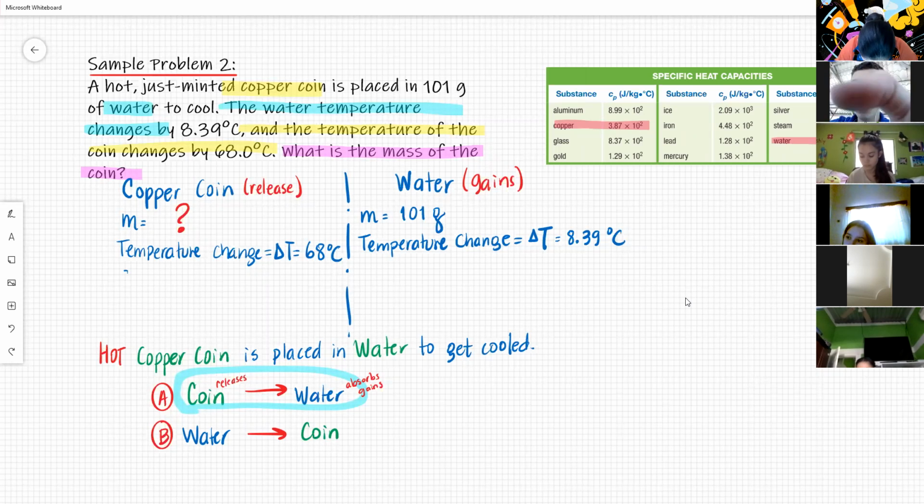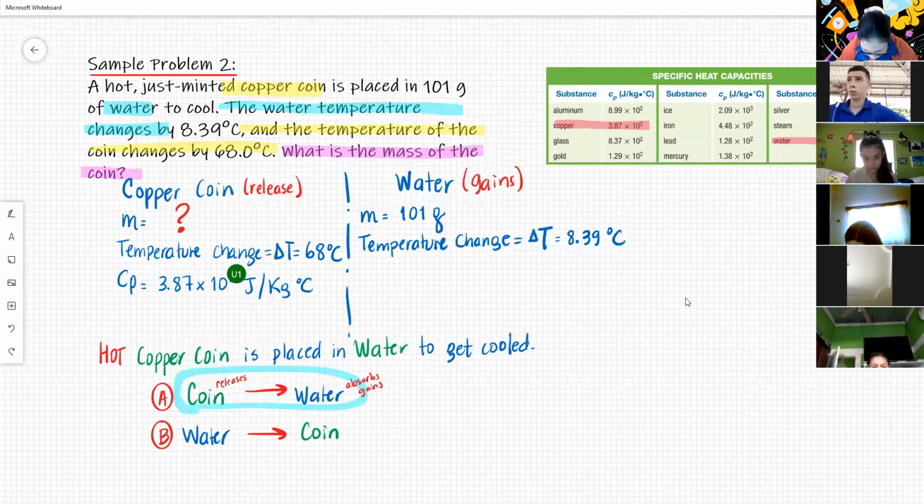So for copper, I have that the CP is 3.87 times 10 to the second power joules over kilogram Celsius. Notice that here I have kilograms, I don't have grams, okay? Which means that I have to do conversion from grams to kilograms.